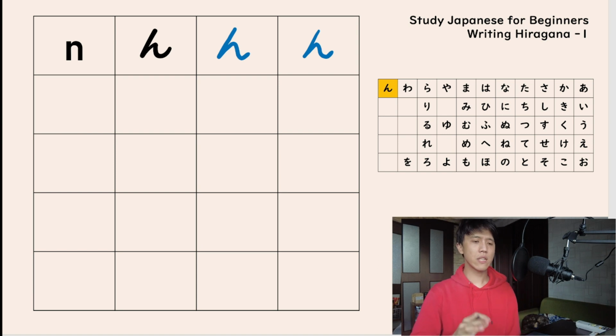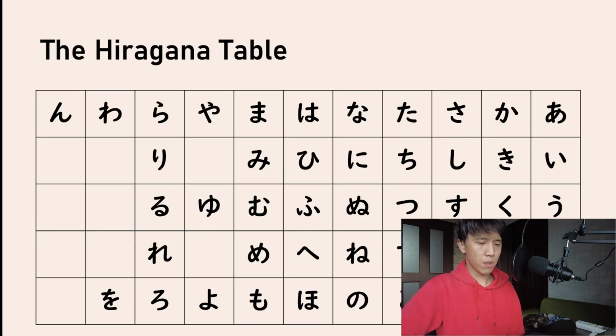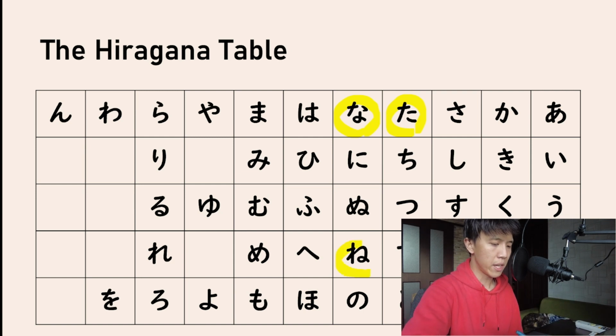Okay, so that is the basic hiragana letters. We got lots of letters here, and you have to pay attention. The similar ones are like ta and na. We also got ne, re, and also wa.